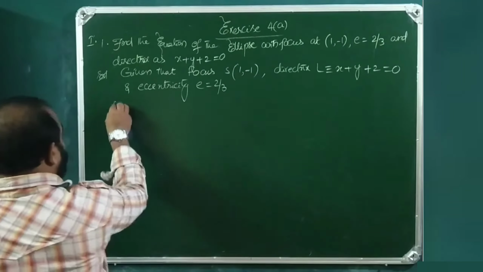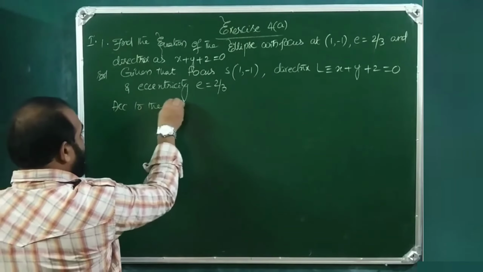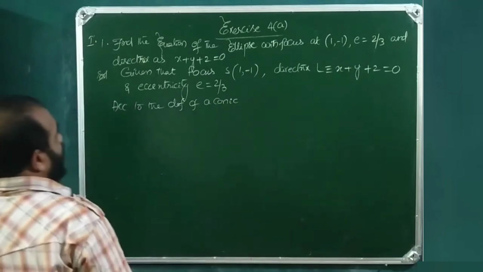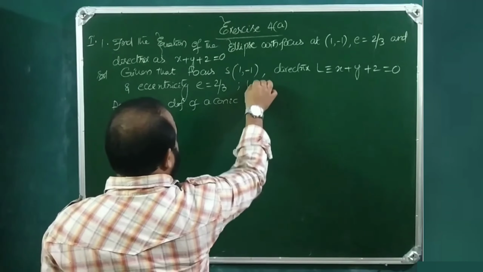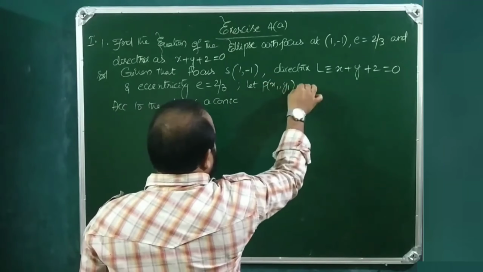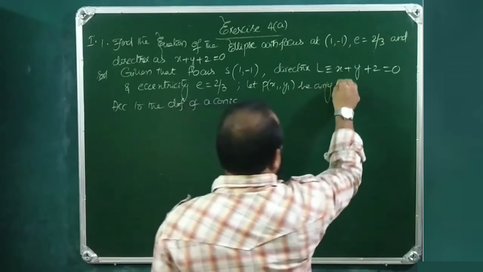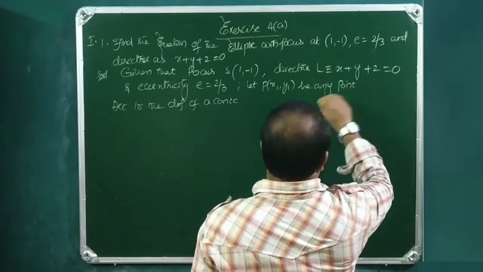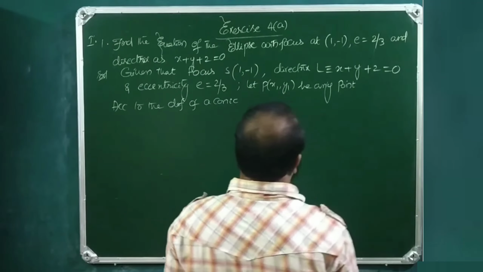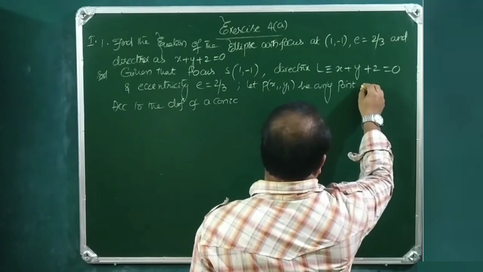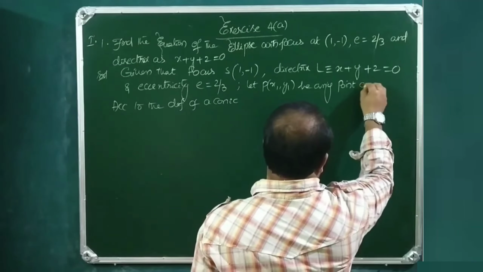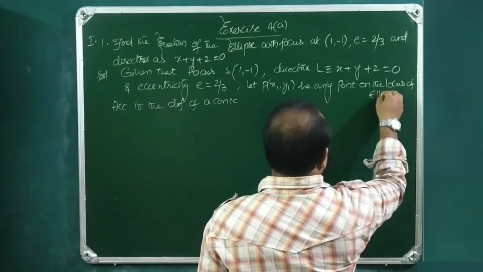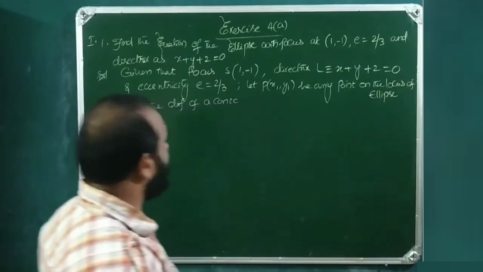According to the definition of a conic, before that, let P(x1, y1) be any point on the locus of P, the locus of the ellipse.